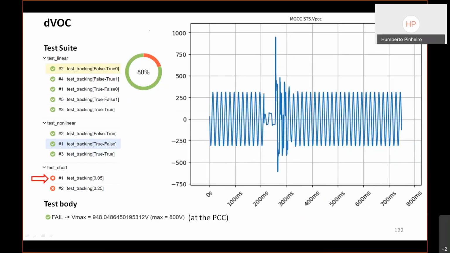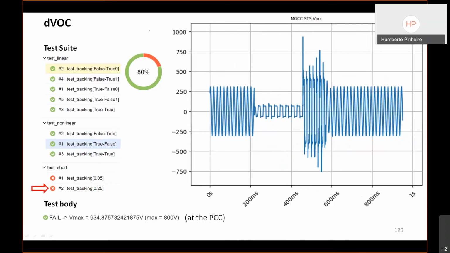The DVOC, as Professor Marcio mentioned before, eventually recovered the voltage and frequency to their nominal value. However, the time interval required to recover depends on the duration of the short circuit. The longer the short circuit, the more time it takes to recover, as shown here.